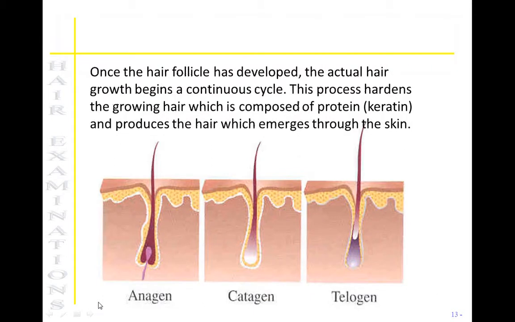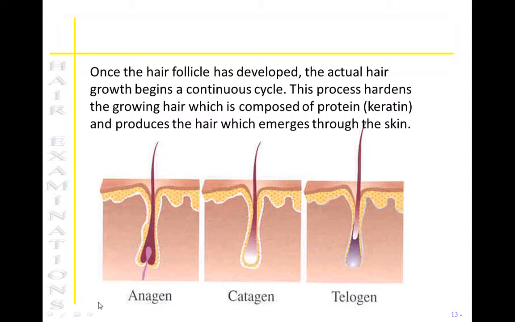Once that hair follicle has developed, hairs can start growing in the follicle itself. This is a continuous cycle beginning with the anagen phase. In this phase, the hair is actively growing. So the root portion of the hair begins, and then further as it grows, developing the shaft.